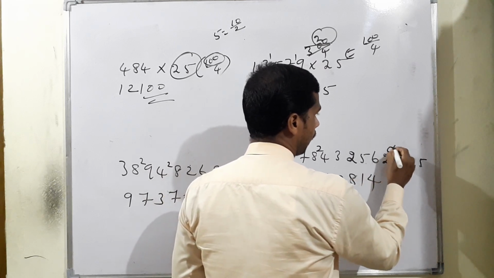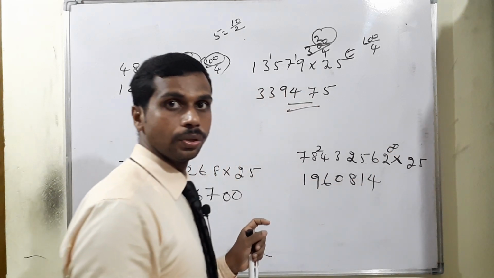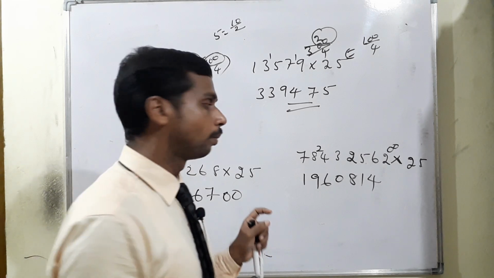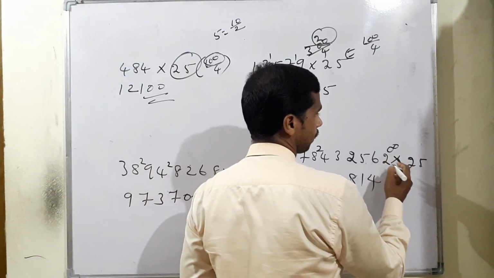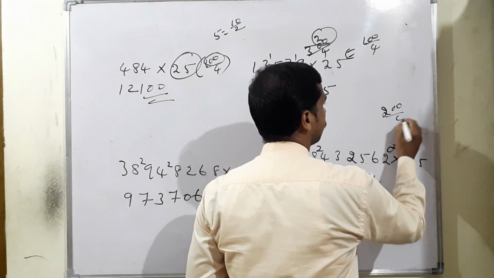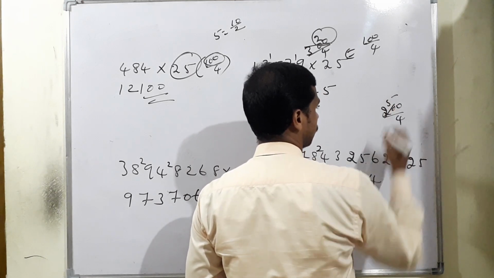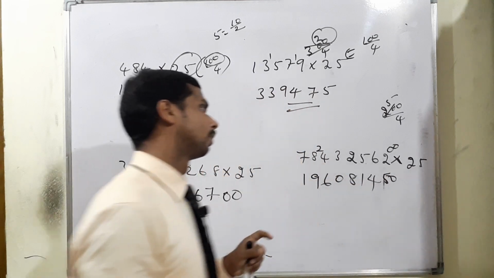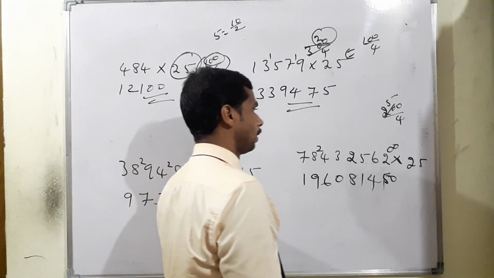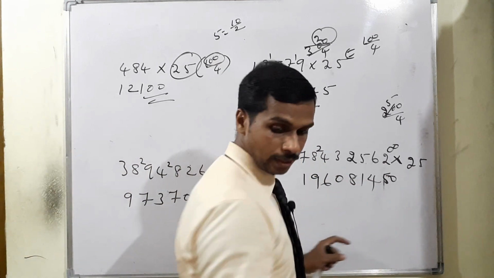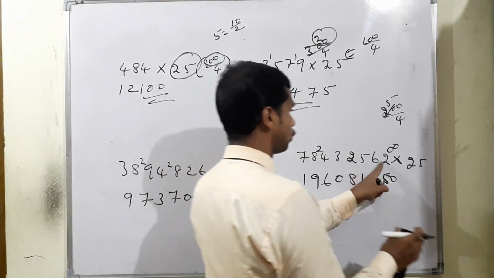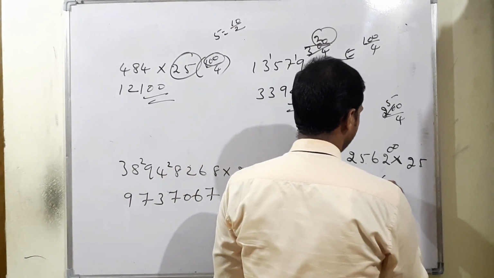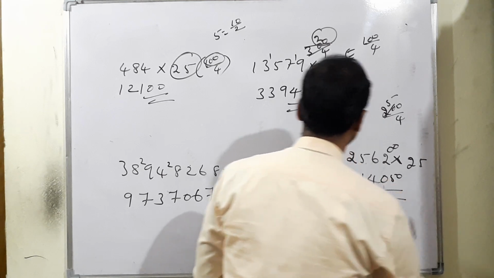So only 2, add two 0s. 200 divided by 4 means 50, isn't it? 5 4s are 20. So 50 is there. Here I think 050 will come because 2 is there. Now add 0, then 50. Okay.